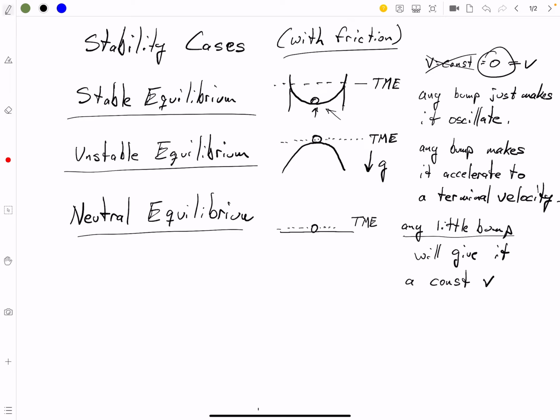It'll have a constant velocity that only decreases to 0. Okay? So we've got stable equilibrium, unstable equilibrium, and neutral equilibrium. You'll need to know those for the tests.